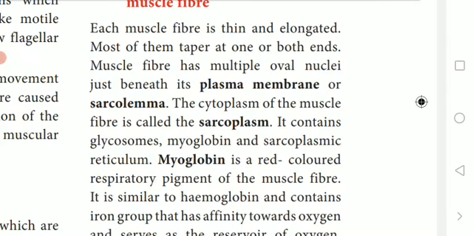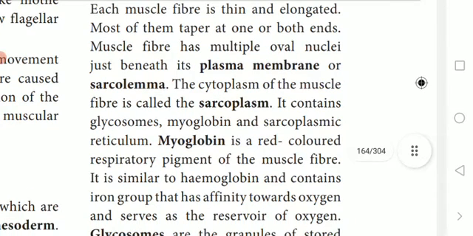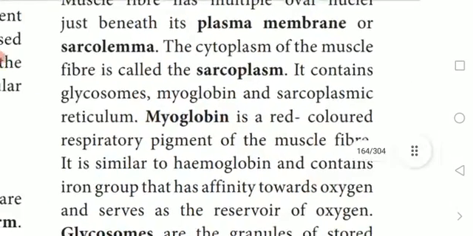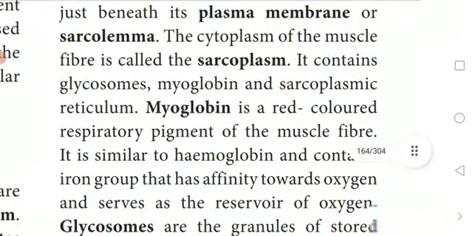That sarcoplasm contains glycosomes, myoglobin, and sarcoplasmic reticulum. We'll see one by one. What is myoglobin? It is a red colored respiratory pigment of muscle fiber. It is similar to hemoglobin, as we have in our RBC cells, and contains an iron group that has affinity towards oxygen.